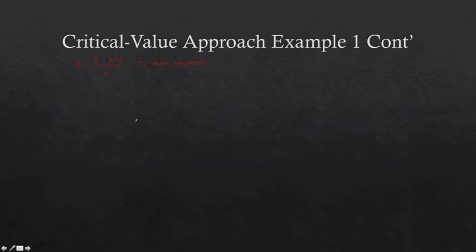So we know that alpha is 0.05. We get this from the significance level, remember, which is 5% for this problem. So we're wanting to find the z-score that has an area of 0.05 to its left under the standard normal curve. Now, how did we know we're looking to the left?